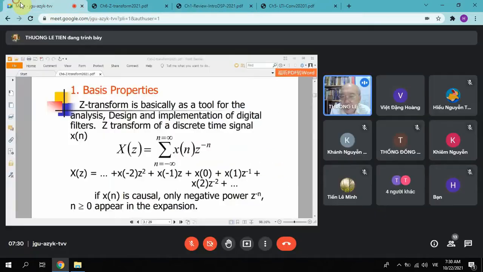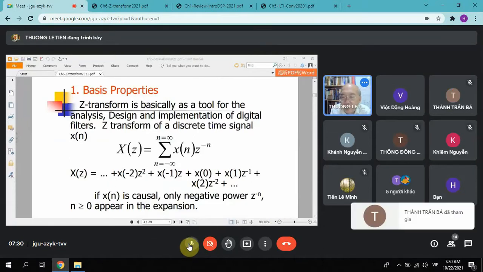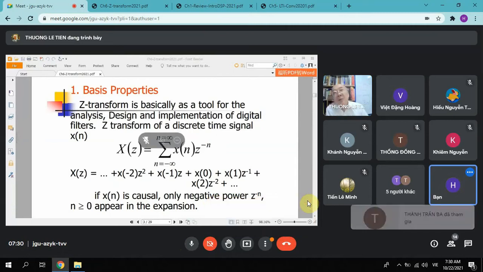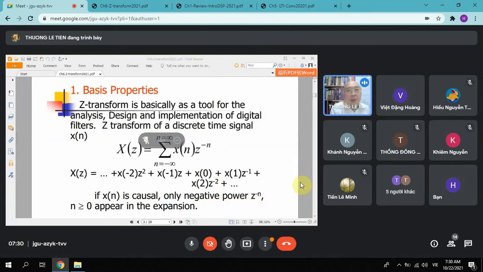How do you remember? What kind of Fourier analysis is the equivalent? Laplace? No, not like that.